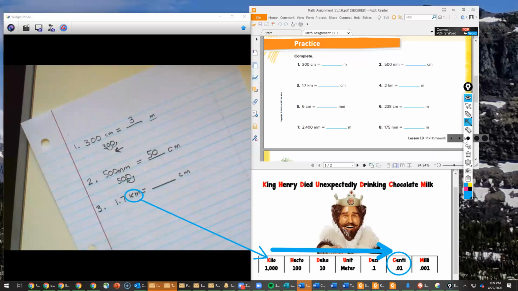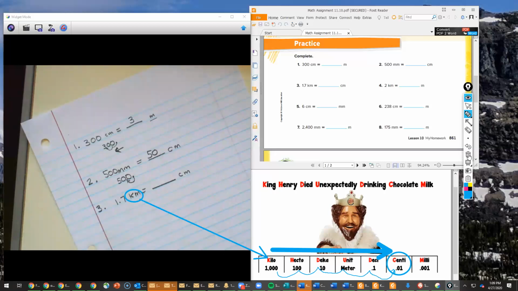I'm going to count out the number of jumps to see how many times I'll need to move the decimal. 1, 2, 3, 4, 5. 5 total jumps to get to centimeters from kilometers. That means I'll be moving the decimal 1, 2, 3, 4, 5 times to the right.